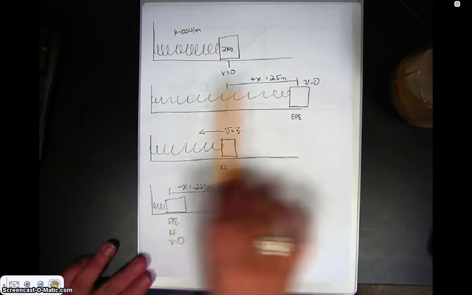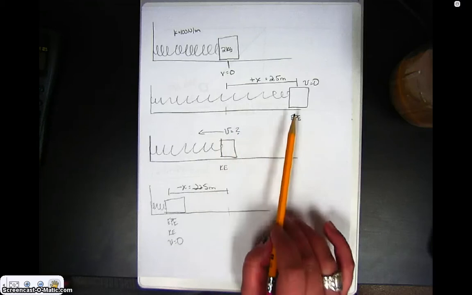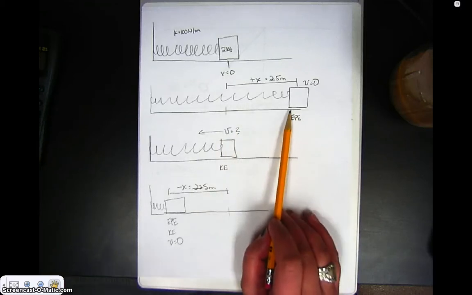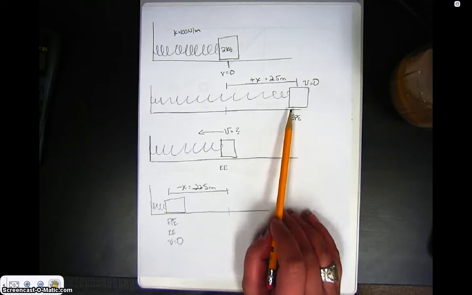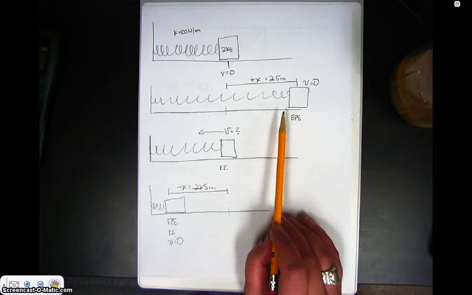So this system should continue oscillating back and forth if we store energy in it by extending the spring. Now, in the next unit, we're actually going to talk about oscillations, so we'll come back to this again. But for now, let's just do an example where we actually calculate the conservation of energy.